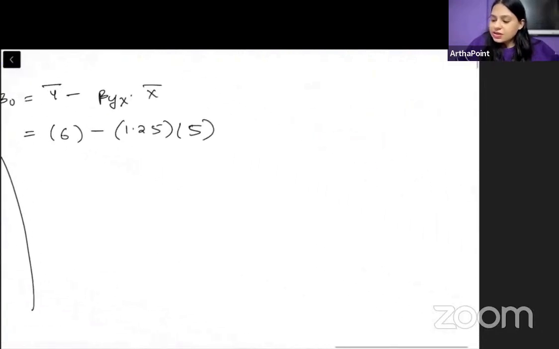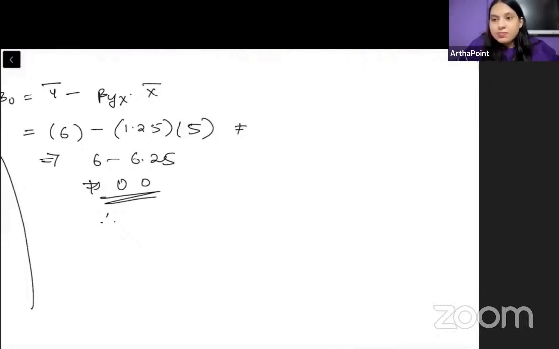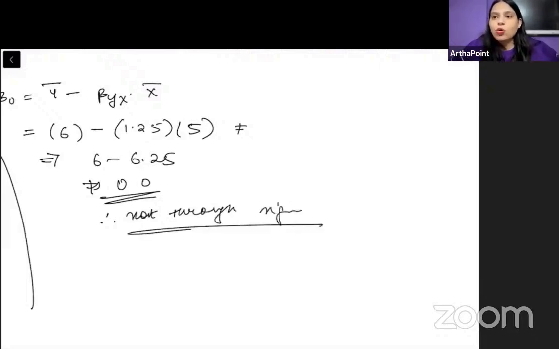So if I try to solve this, is it giving me the answer as 0? If this is not giving me the answer as 0, it means that the intercept term is non-zero. This is the only way I can use to check this term. Right? So I will get 6 minus 6.25, which is not equal to 0. Therefore, we can say that the regression is not through origin. The intercept term is not 0.